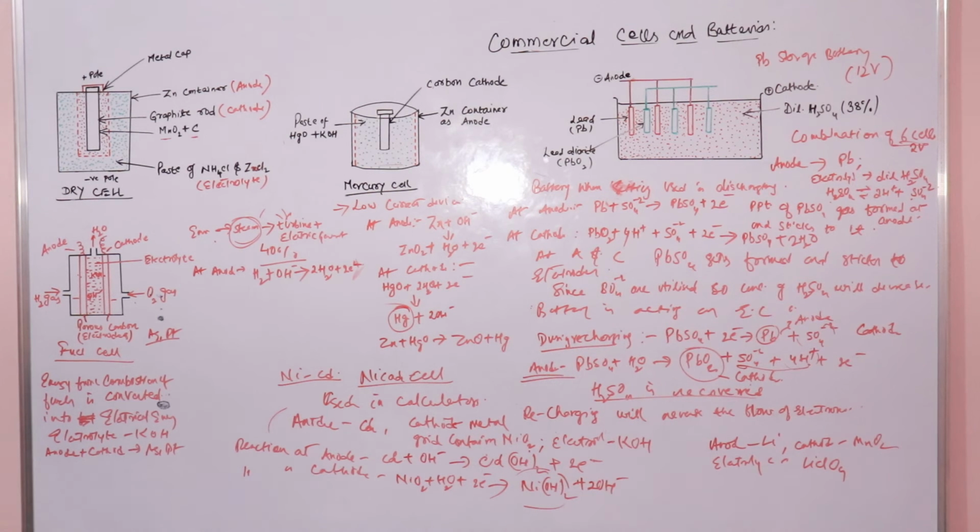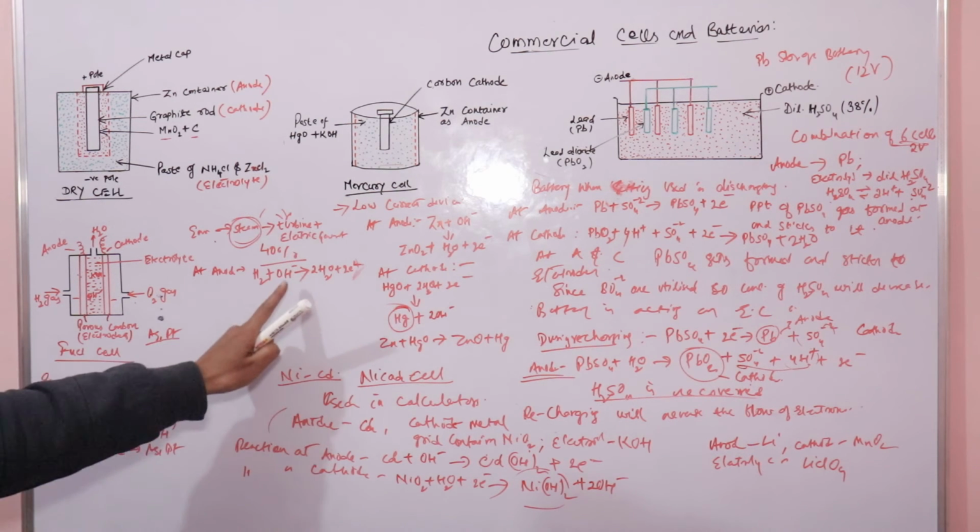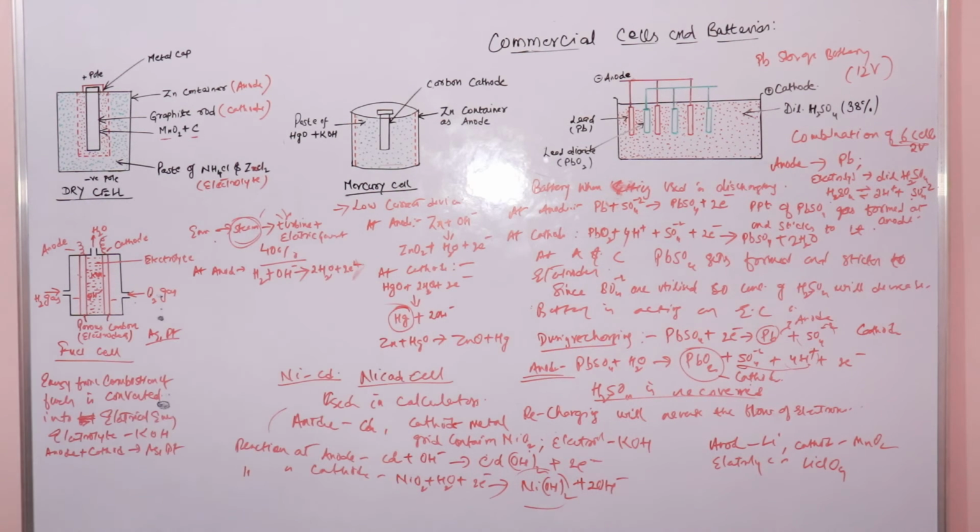So this reaction takes place at the anode, where hydrogen, when bubbled through this electrode into the electrolyte, reacts with OH ions to produce water and 2 electrons. This is the reaction at the anode.